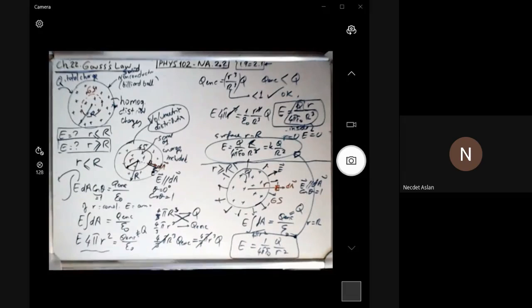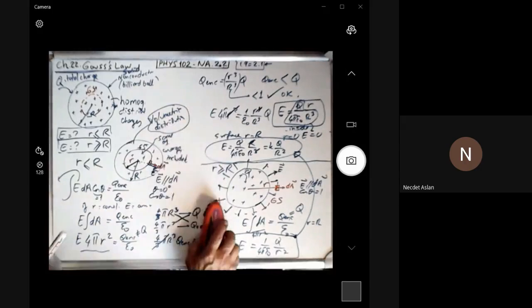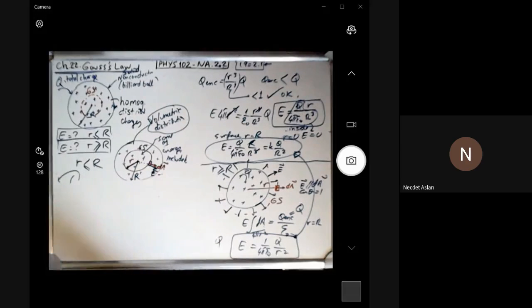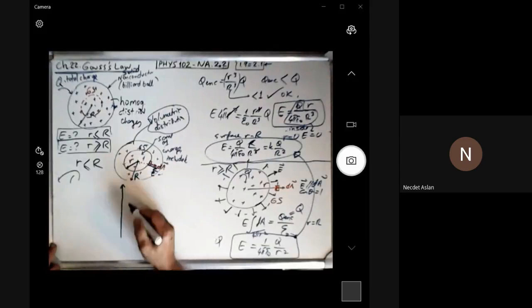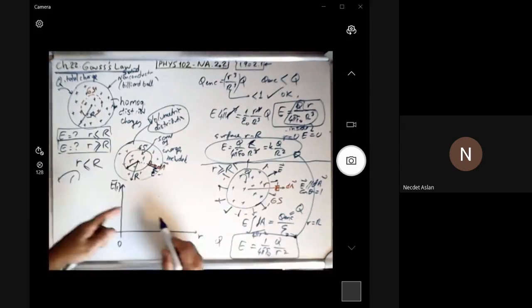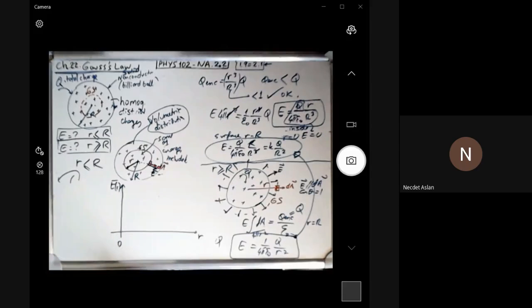Now, let's graph this case, the volumetric charge distribution. How do we graph this electric field as a function of r? Of course, r should start from 0. This is the electric field as a function of r. We know the direction, that's why we're just graphing the magnitude.